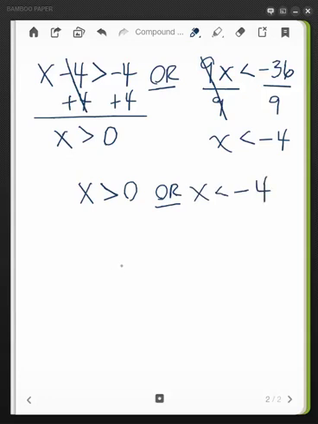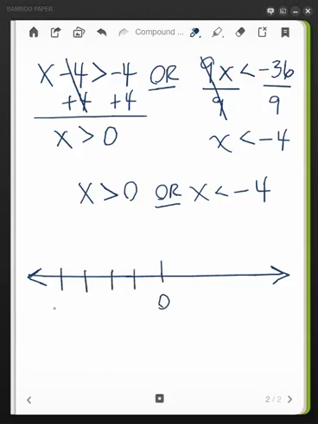Now, how does this look when we graph it? Well, let's look. I'm going to draw our number line: 0, 1, 2, 3, 4. Now, it says x is greater than 0, so it's going to be an empty circle. And since the inequality is pointing this way, it's going to go this way, on and on forever and always, including the arrow.